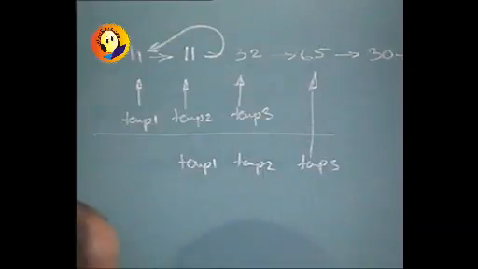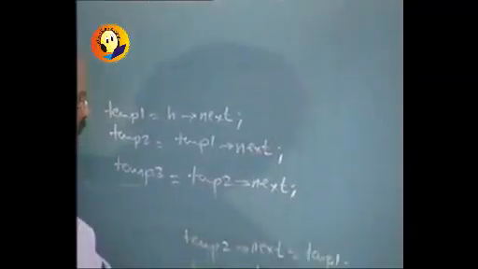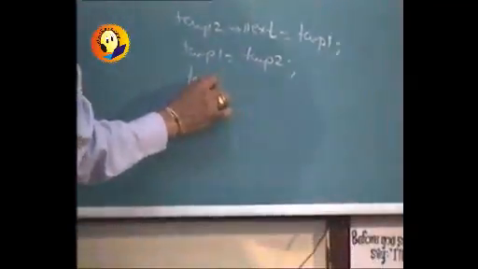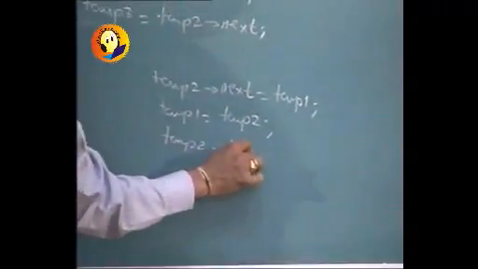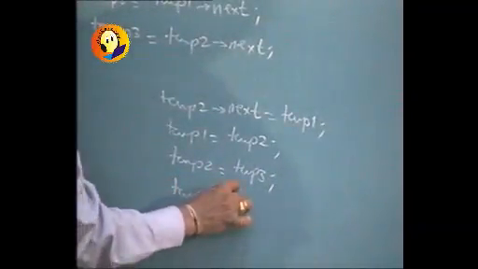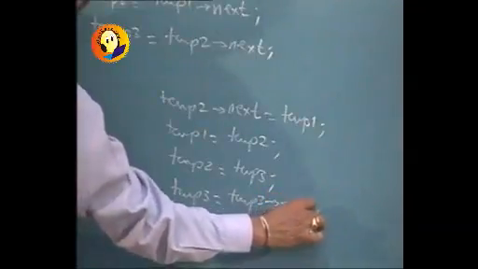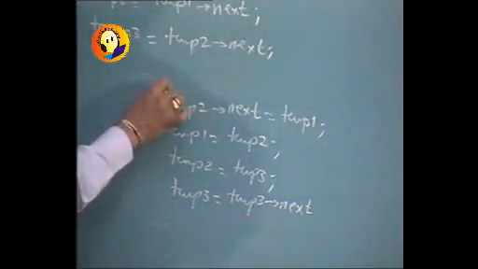So I will have to say after this, temp1 goes to the position of temp2, temp2 goes to the position of temp3, and temp3 advances to its next. And again repeat.